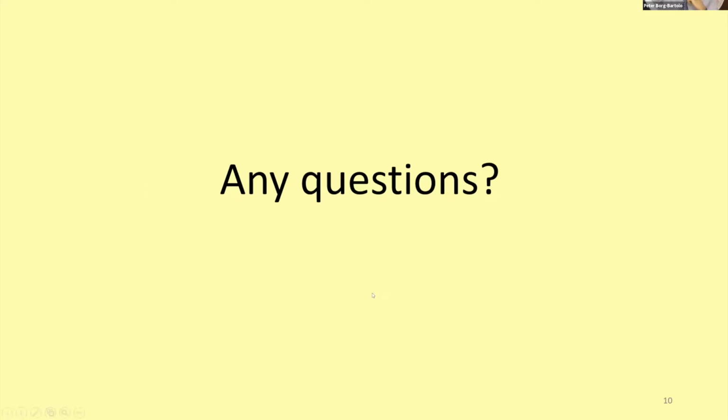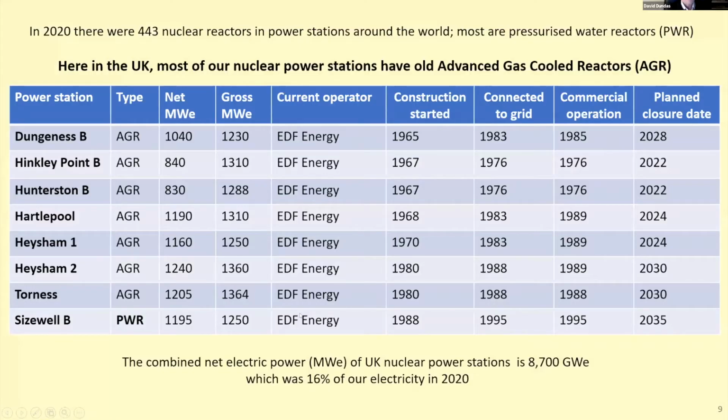Yes. In fact, that is the point. If you look on this slide here, these advanced gas-cooled reactors are all moderated with carbon, with graphite. So the pressure water reactor that we have at Sizewell B is the only one which is moderated with water.